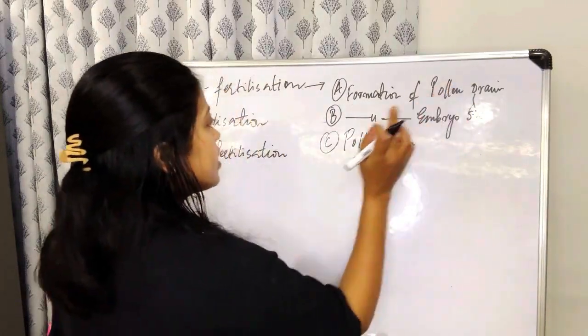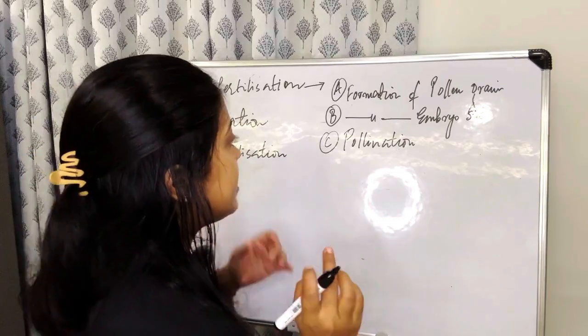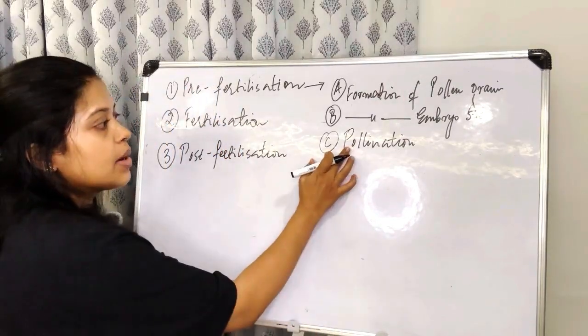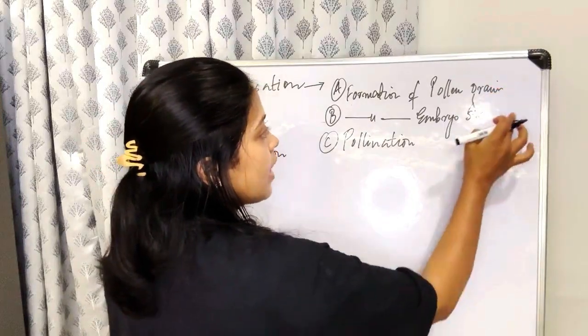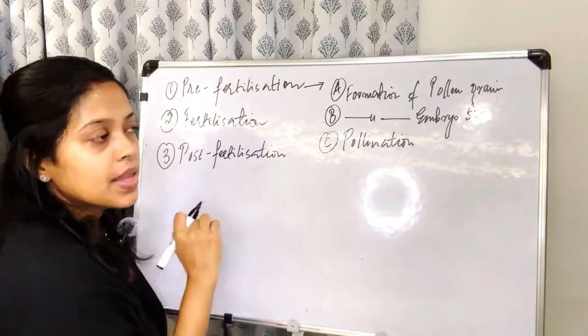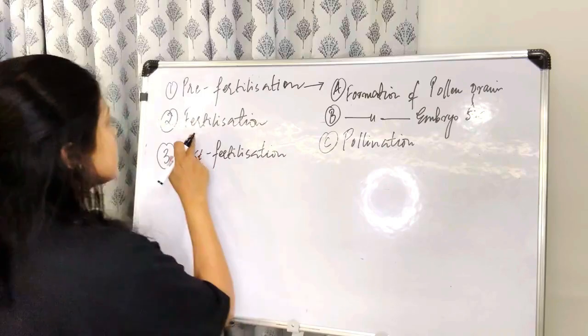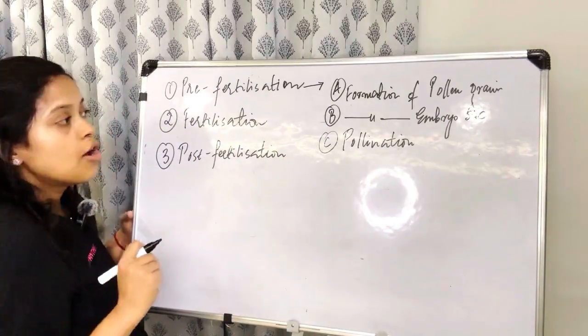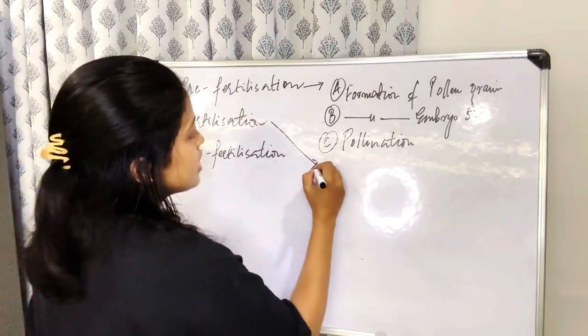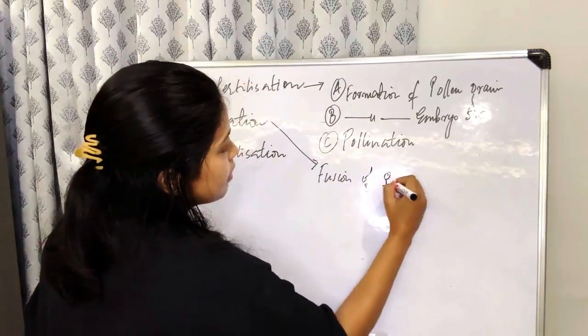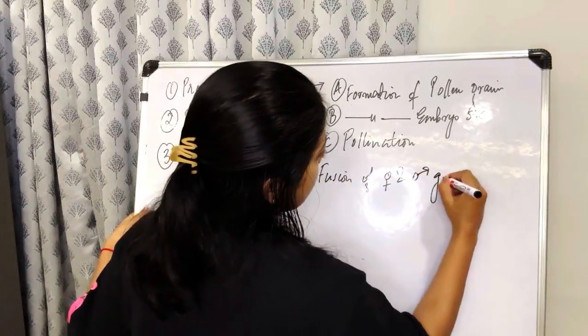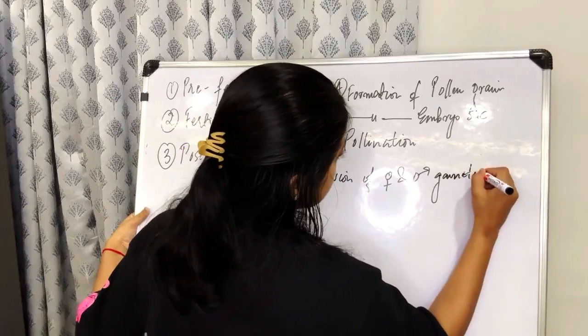So once your pollen grain and embryo sac are completely developed, then there will be a process of pollination, that is the transfer of pollen grains from the anther to the stigma, and then the next stage will occur, and that is fertilization. So fertilization means the fusion of female and male gametes.